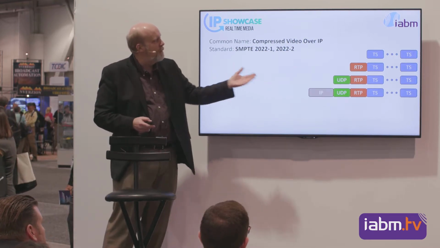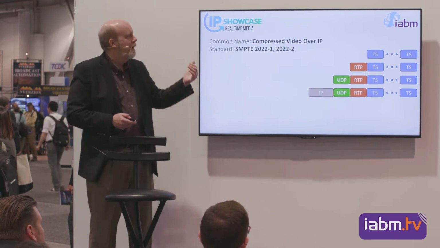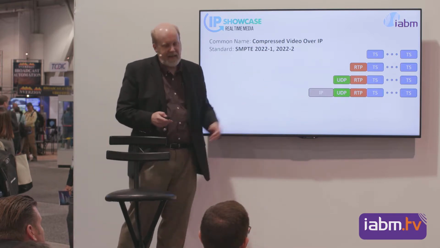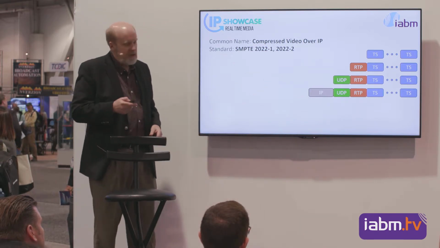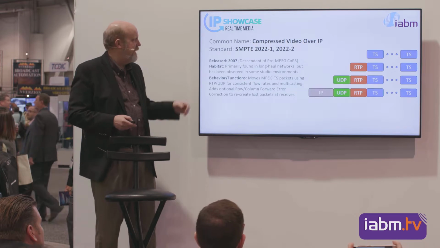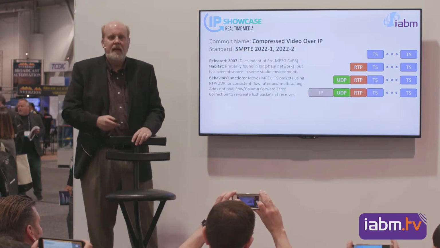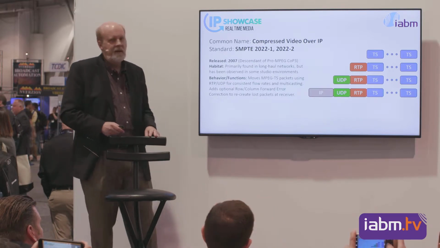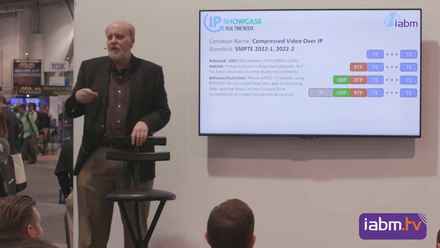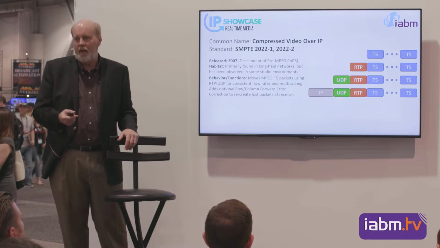And we take those and place them into RTP headers, into UDP packets, and into IP packets, which allows us to transport these things over the network. Now, the actual 2022 specification came out in 2007, and it was primarily found originally in long-haul networks.